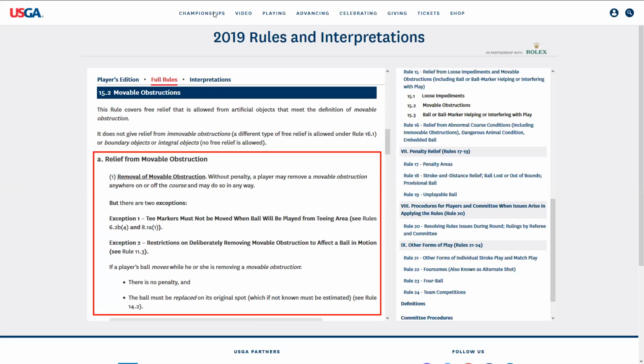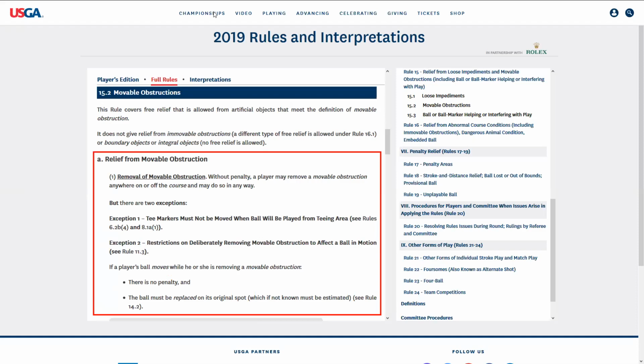2 exceptions. Exception 1, tee markers must not be moved when ball will be played from teeing area. This rule is just referring you to 6.2b, and so you have to remember what 6.2b4 says. It is only for the tee markers of the teeing area that you are playing.